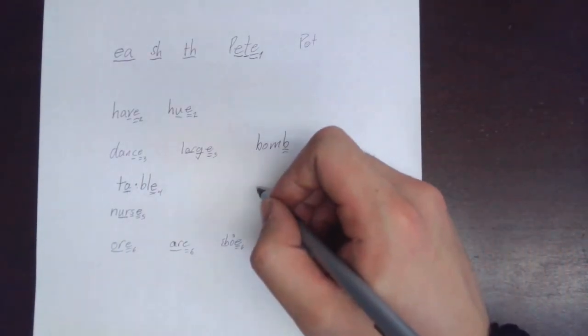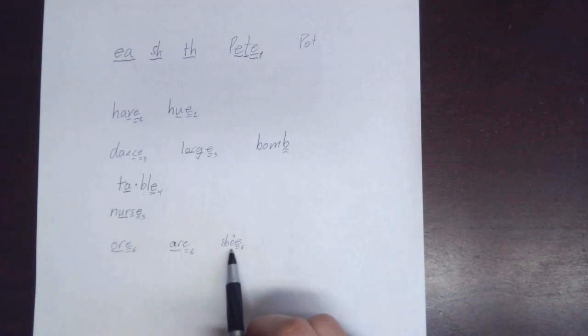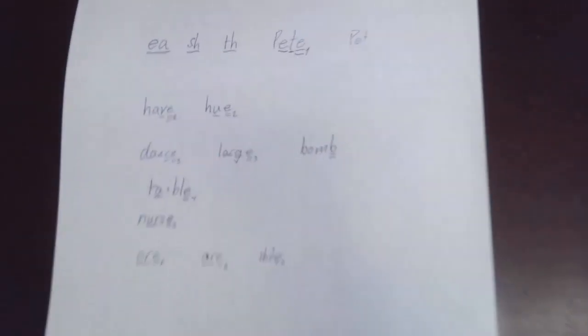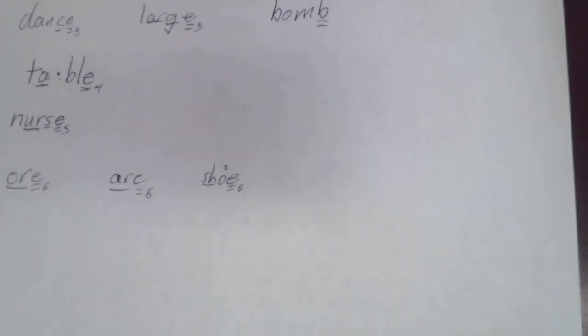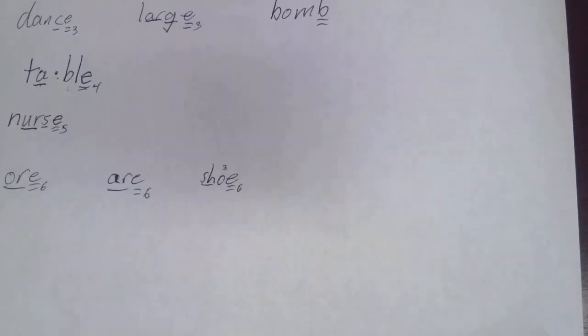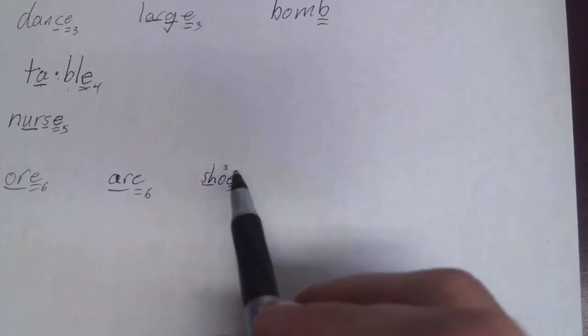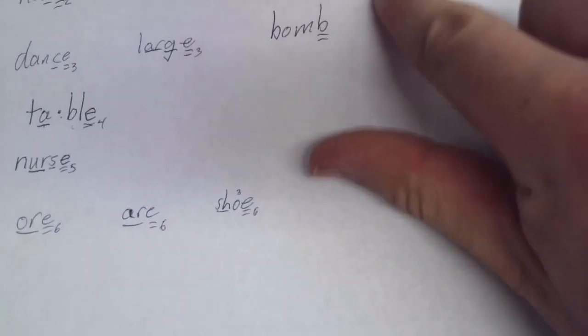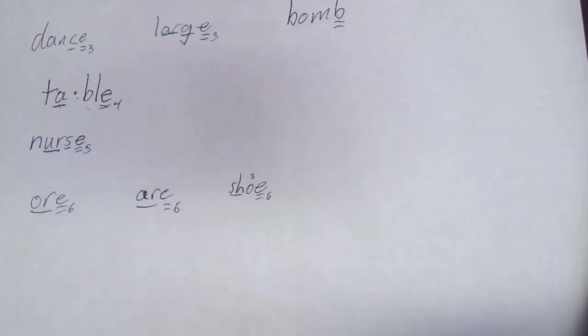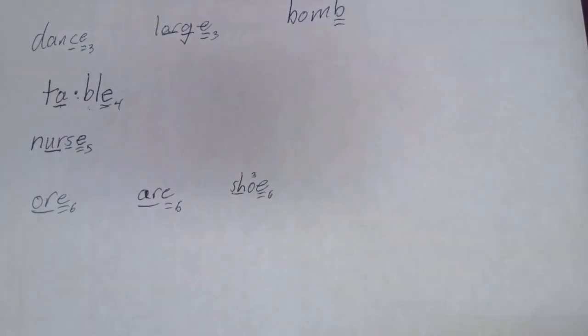So in this case, we call O ah, o, oo, because it can say ah, like in pot, or O, like in tote, or oo, like in shoe. So we put a 3 to show that it is the third sound of O that's being said.